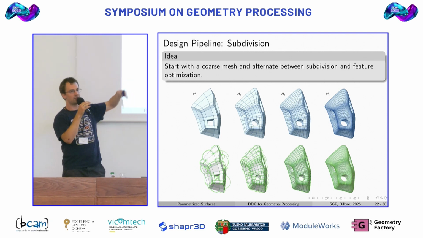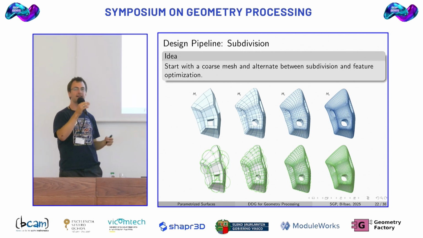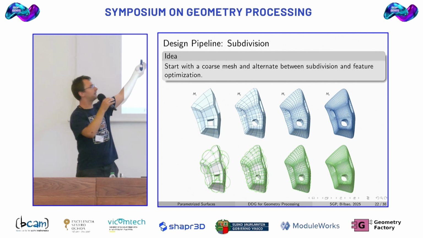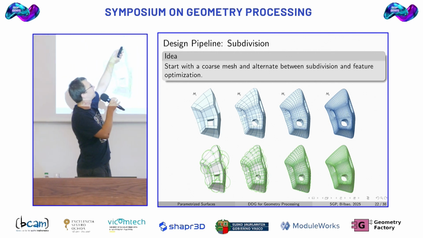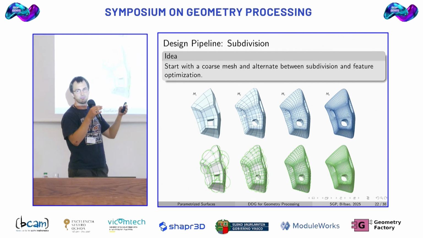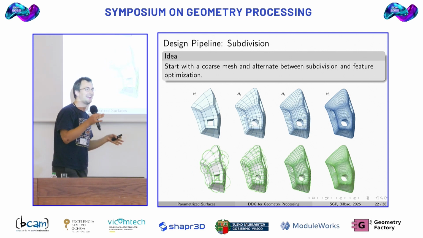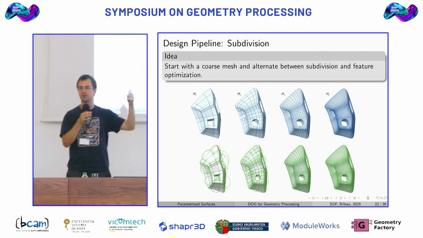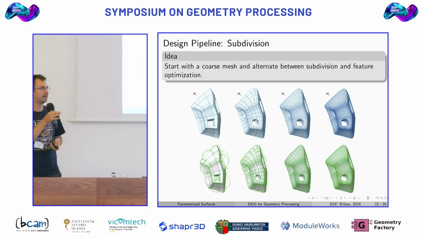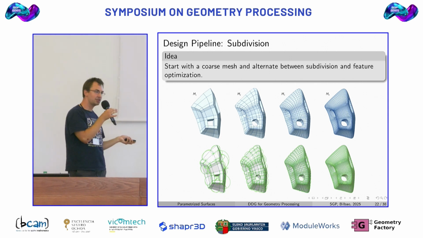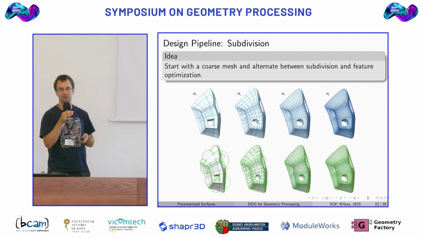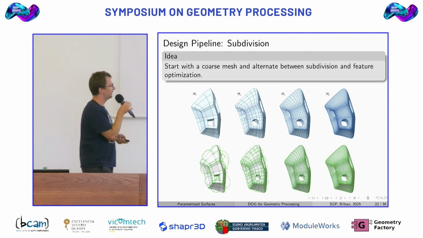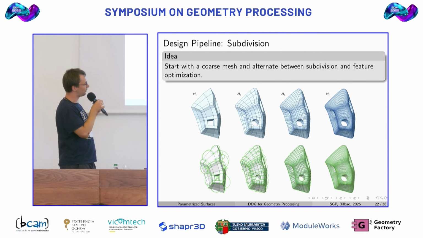So you know that roughly they follow principal curvature lines, and then you subdivide and get something finer. Subdivision means you split up every face into 4 faces. And then you optimize again, subdivide again, alternating between subdivision and optimization until you are happy with the result. And this is a very controlled process.